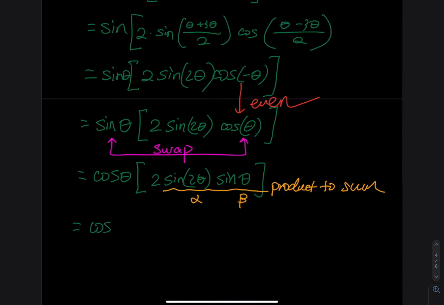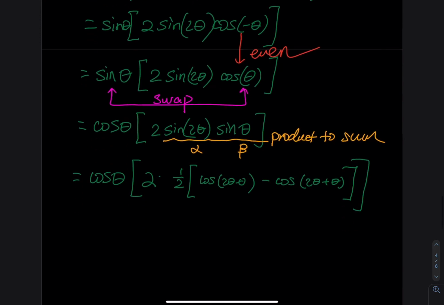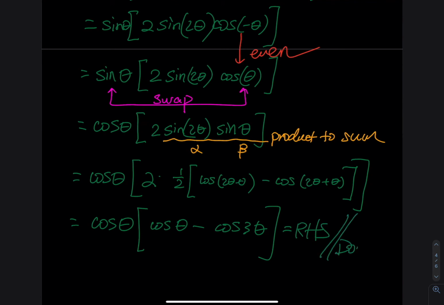So you have cosine of theta, you have a 2 times a 1/2. And then you have cosine of 2 minus 1, and then minus cosine of 2 plus 1. And then the 2 and the 1/2 will be cancelled, so that is cosine theta. And then inside, you have cosine of theta minus cosine of 3 theta, that is equal to the right hand side. And then the job is done.